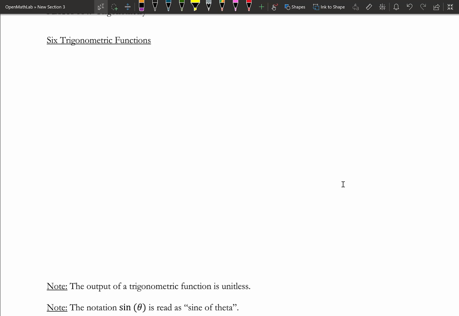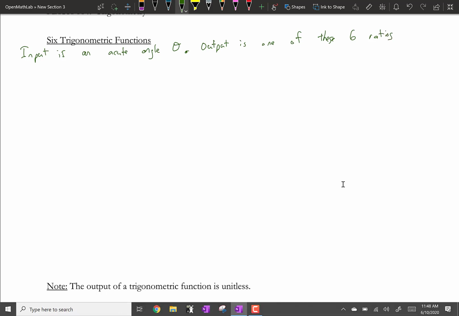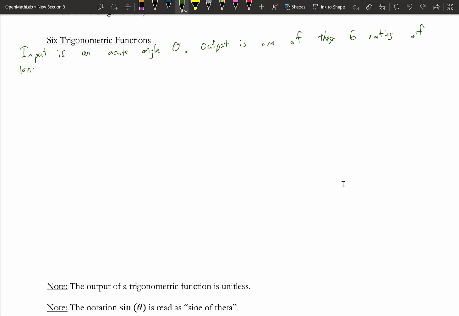With these, the input is going to be an acute angle theta, and the output is one of these 6 ratios of lengths of the sides of the triangle.